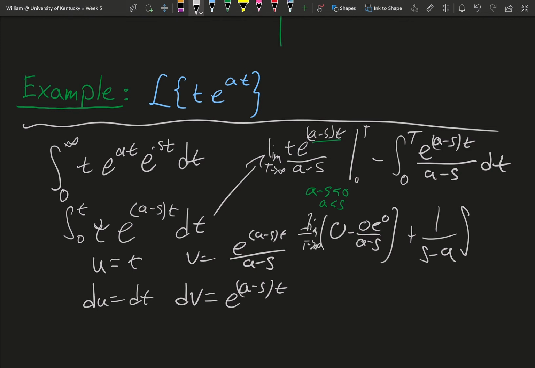Of that e to the (a minus s) times t over a minus s. Again, the integral of this, we're just going to divide by a minus s.